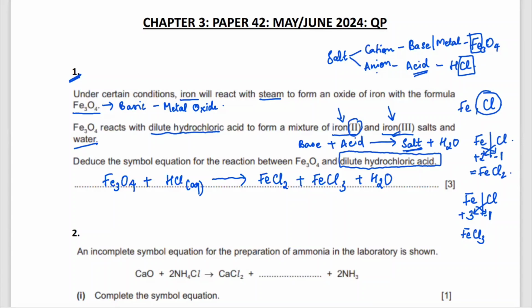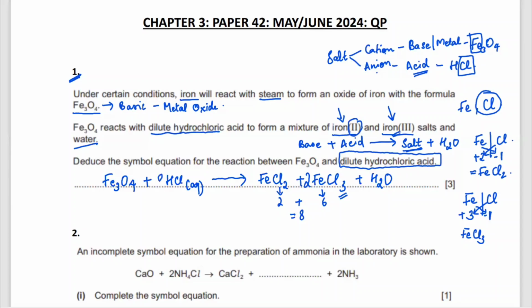So first, we will try to balance chlorine. Over here, chlorine has an odd number, so we'll try to make it even by multiplying it with 2. So the number of chlorine atoms becomes 2 over here and 2 into 3, which is 6 over here. So the total number of chlorine atoms in the RHS becomes 8. So we have to make it 8 in the LHS as well.